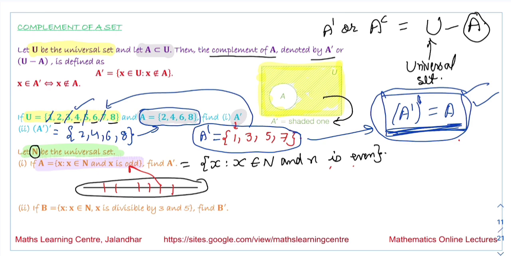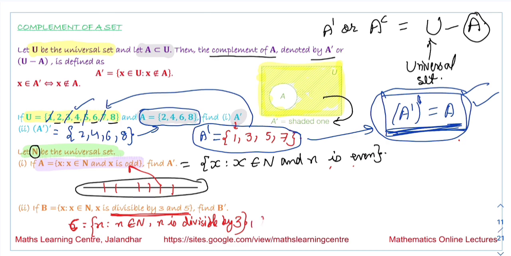Now the next is, B is a set. It is x, where x is a natural number and x is divisible by 3 and 5. What does this mean? Suppose the set C is x such that x belongs to N and x is divisible by 3.